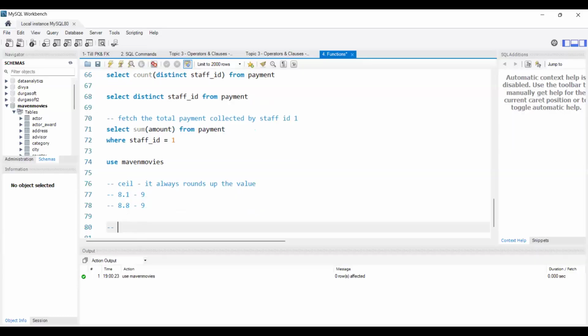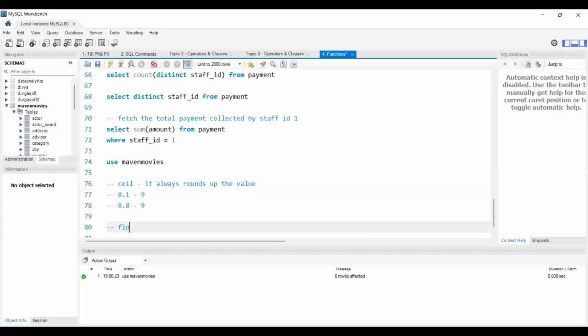Ceiling means up, floor means down. If we want to remember it easily, we can understand ceiling in the sense of up, and floor in the sense of down. Whenever we are applying ceil to any decimal value, we round up the value.